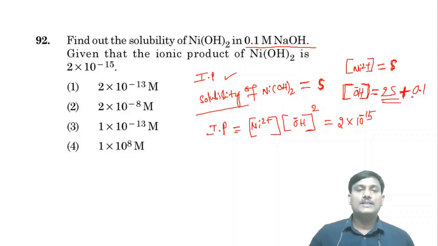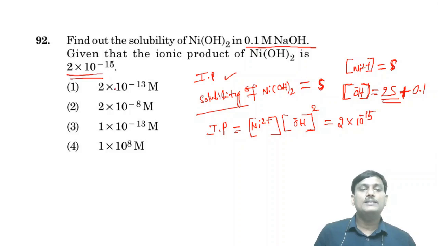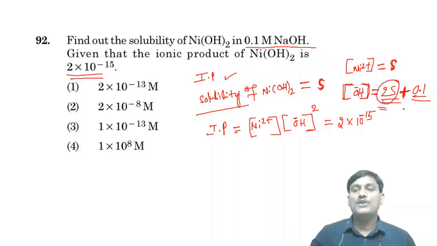If you take the ionic product, this one is very, very less, means the solubility of Ni(OH)2 is very, very less. So when compared with the 0.1 value, the 2S value is very, very less. So you can neglect this term. So finally, the concentration of OH minus will be equal to 0.1.